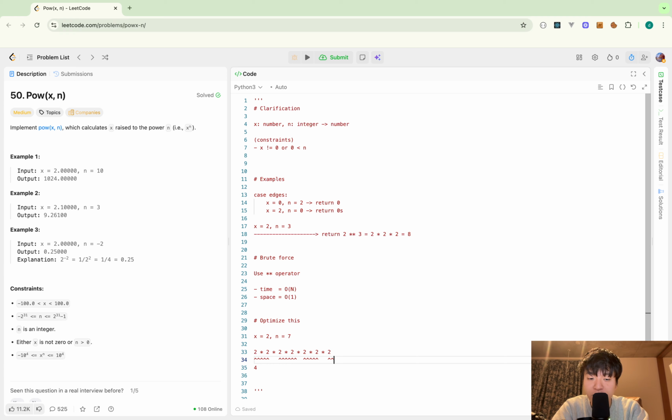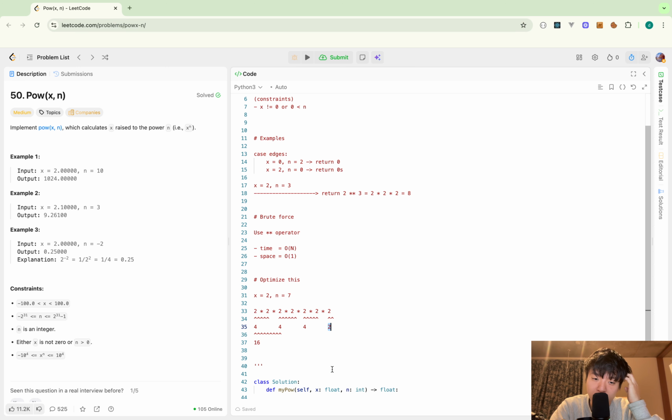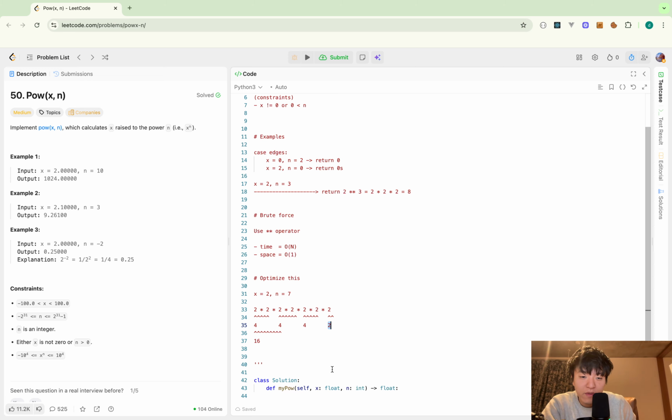So I don't have to calculate this anymore, 2 times 2, because now I know this is 4 and 4, and this is still 2. And here, if I calculate this, I don't use this result anymore, so I have to calculate 16 times 4 times 2. I think this is something I can use in this question.